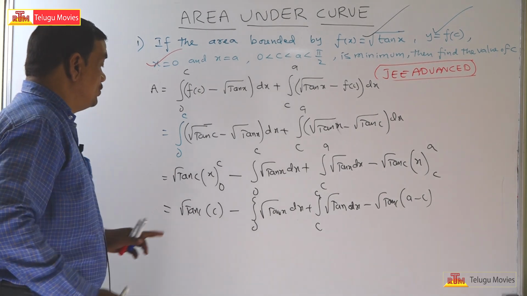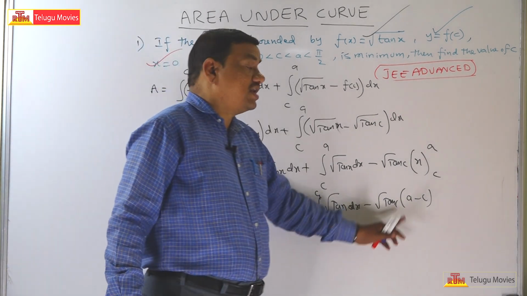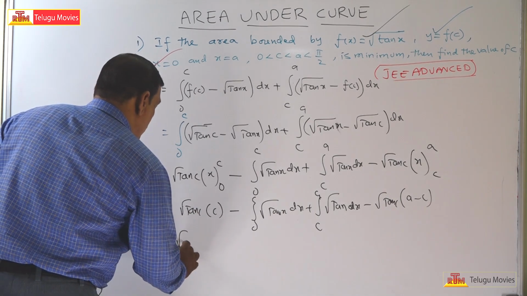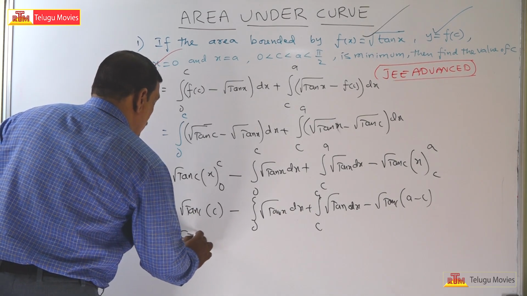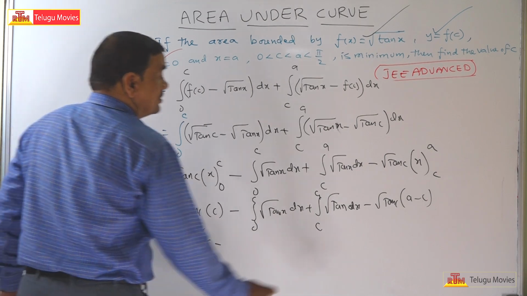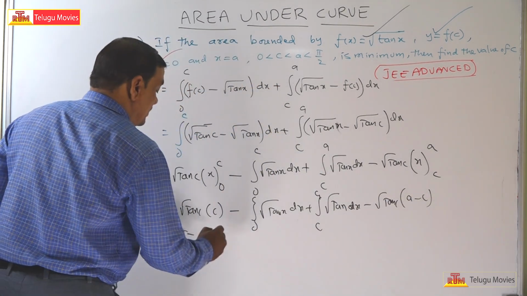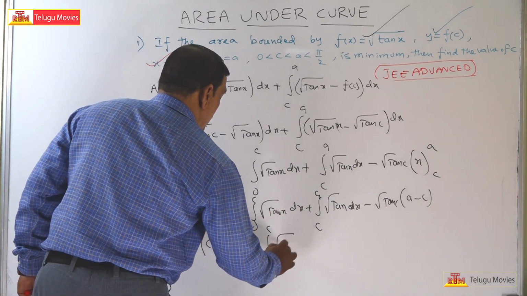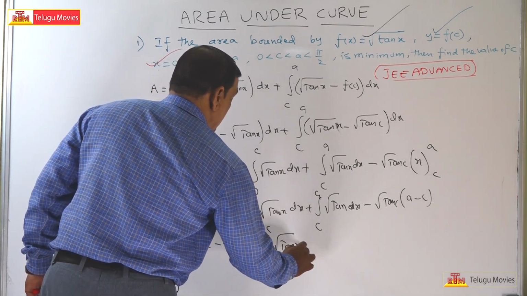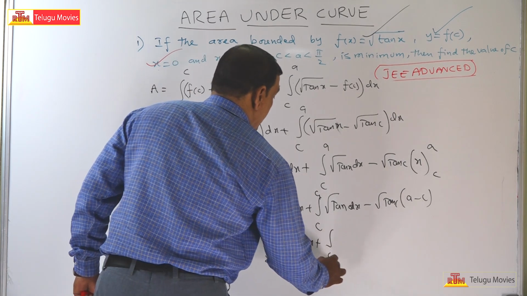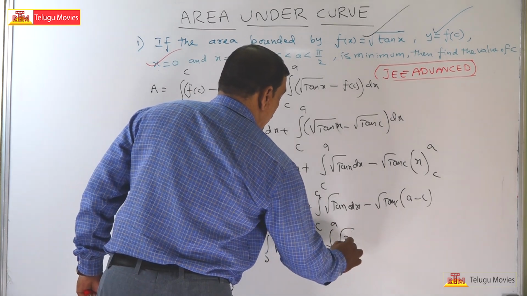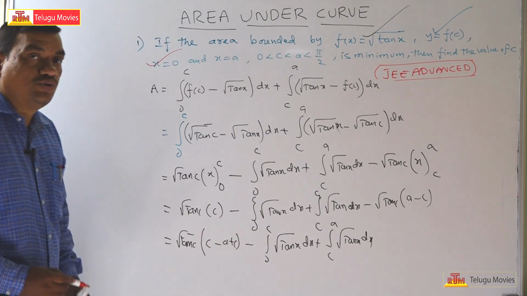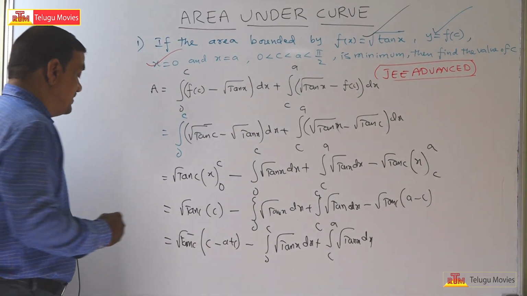Now here root of tan c is there, here also root of tan c is there. Take root of tan c as common outside. So this is equal to root of tan c times (c plus c minus a), minus integral 0 to c root of tan x dx plus integral c to a root of tan x dx. c plus c is 2c minus a, root of tan c.